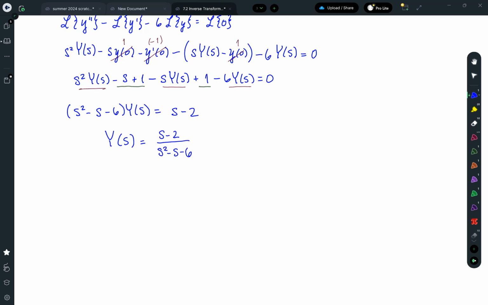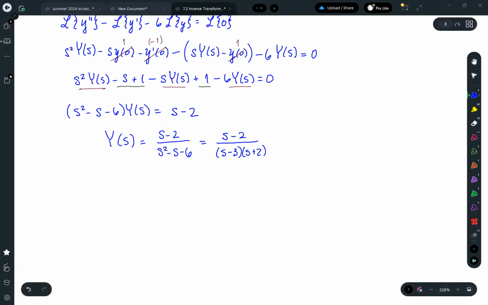Well, if I want to find little y of t, I'm going to have to take Laplace inverse of this, and this doesn't look like something I can deal with. So the first thing I'm going to do is factor the denominator. It becomes s minus 2 over, looks like this will factor as s minus 3 times s plus 2. Okay, so nothing cancels out. And then I can do a partial fraction decomposition on this.